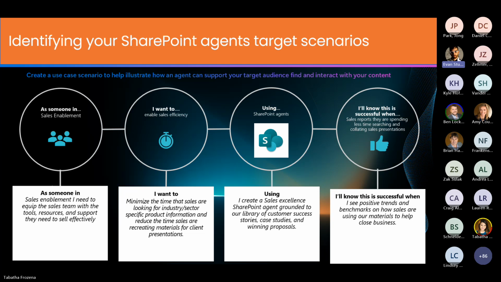By using a SharePoint agent built around a curated library of customer stories, case studies, proposal templates, etc., we can streamline that process. Success is measured by seeing positive trends in how sales teams are using the content and reducing time spent chasing down that information, ultimately helping close more deals.